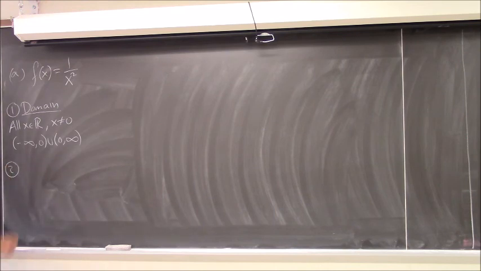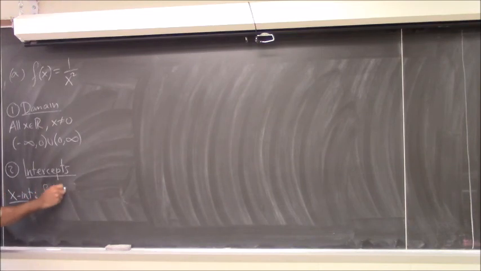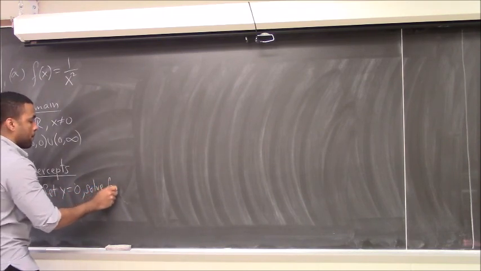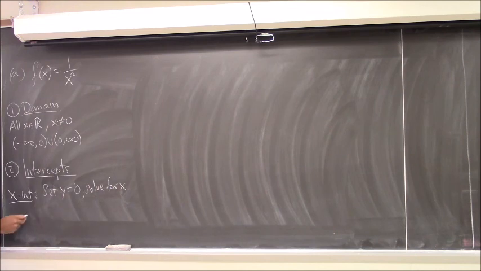You will want to find intercepts. So start by finding the x-intercepts. What do you do to find the x-intercepts? Set y equal to 0 and solve for x. So this means 0 is equal to 1 over x squared.